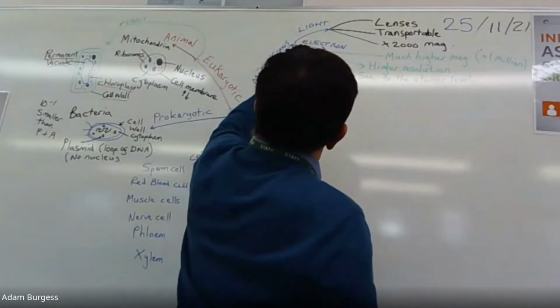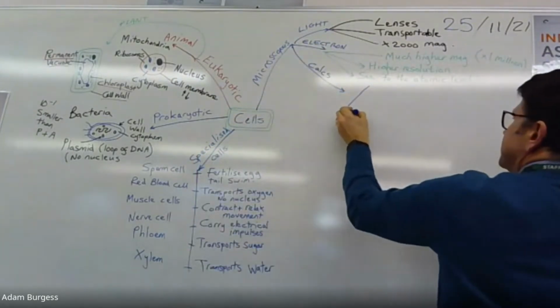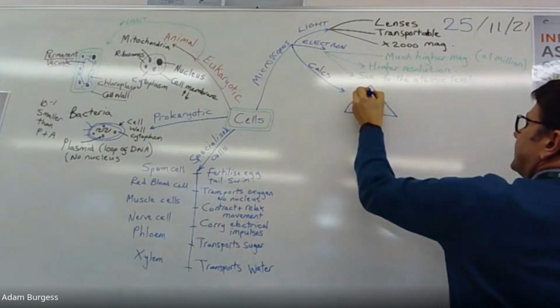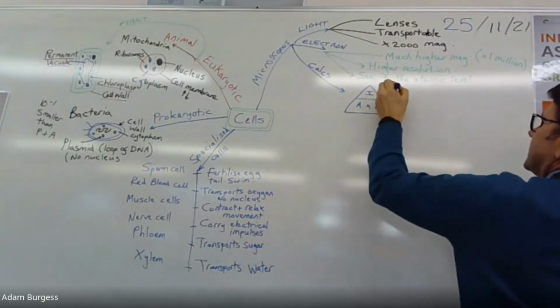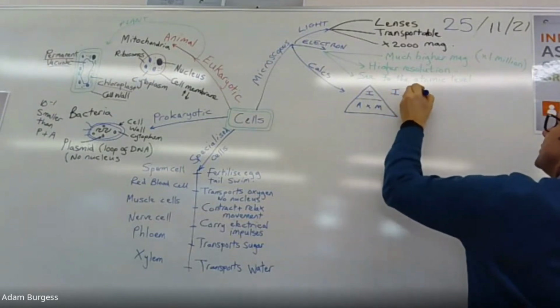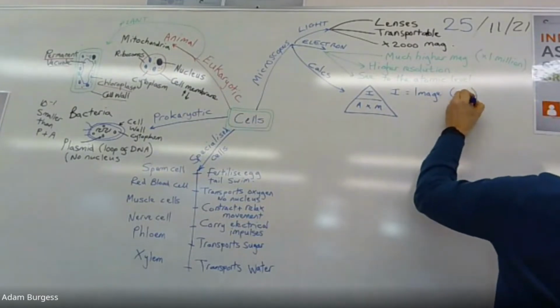Okay, so calculations. You will have to do calculations, and a good way to remember it is the I-am triangle. So I equals image, which is in millimeters.